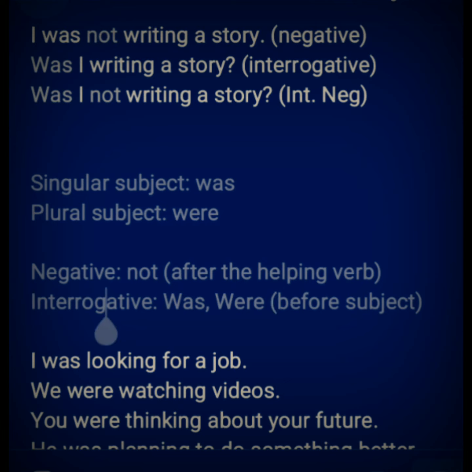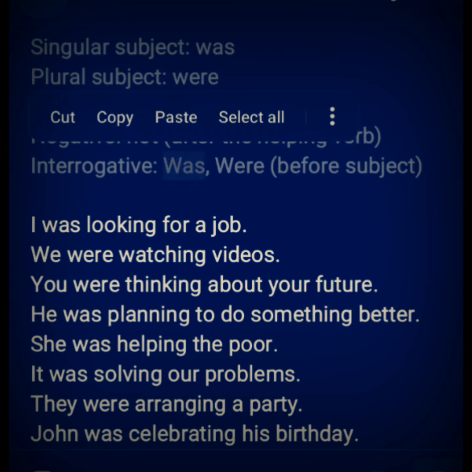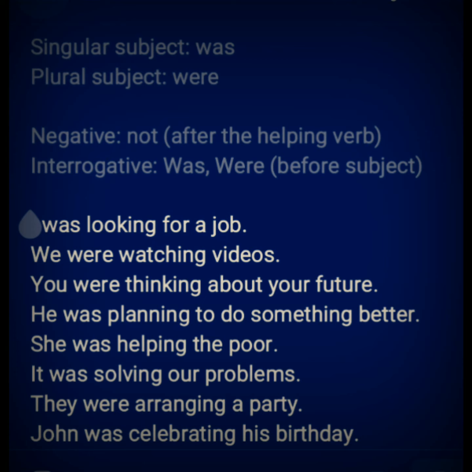For making a sentence interrogative, we have to use was or were before the subject according to the subject. Before the subject we have to use any one of these helping verbs. Then at the end of this sentence there should be a question mark.